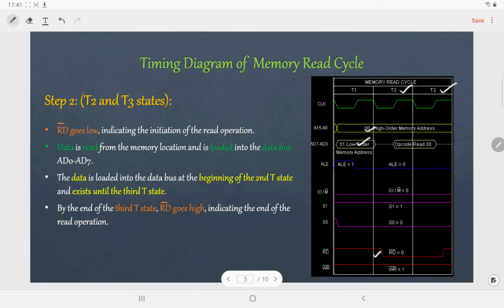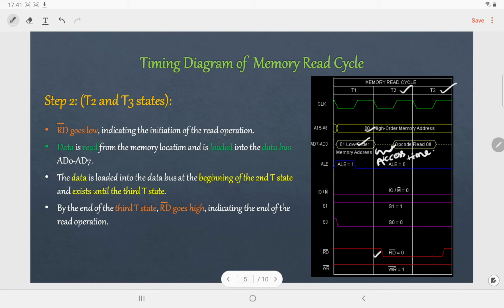So when RD bar is 0 the microprocessor will read the data, and the data bits are loaded into the data bus, that is AD0 to AD7, and this time gap is known as access time. This access time is the time required by the microprocessor to read the data from the specified memory location.